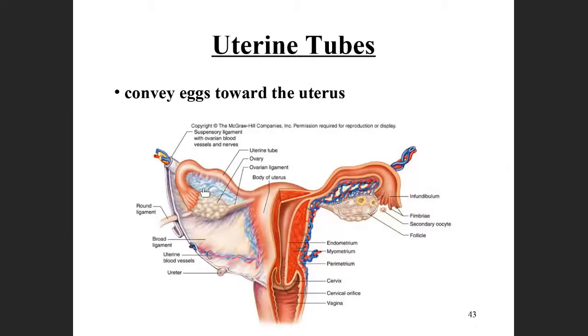So the uterine tube. Now you can see here's the broad ligament. See how the suspensory ligament has arteries and blood vessels and nerves traveling in it. The ovarian ligament holds the ovaries in place. The round ligaments sort of hold the uterus in place.